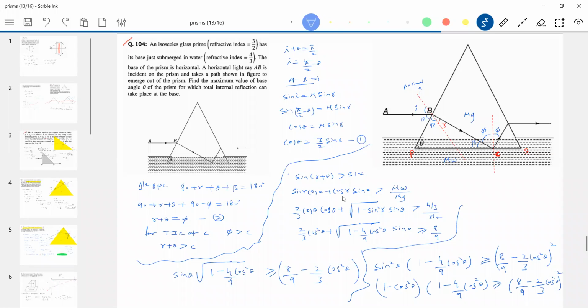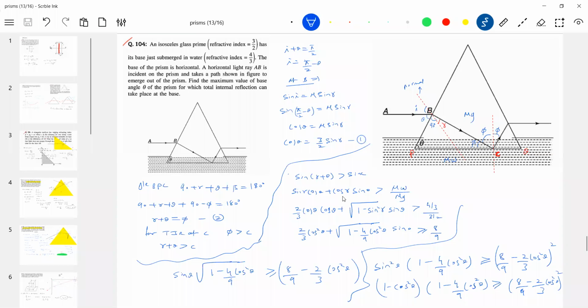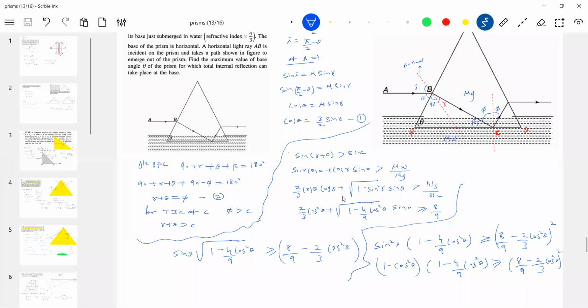Cos theta less than or equal to under root of 17 by 21. The answer is something like this. You have to check it.